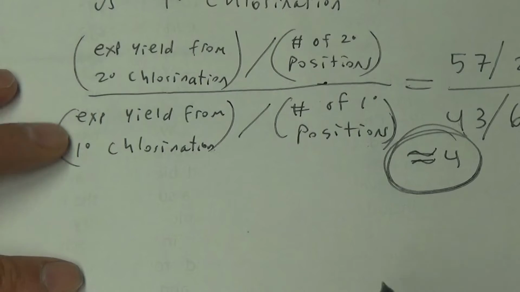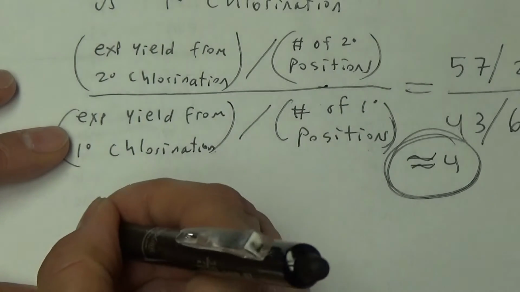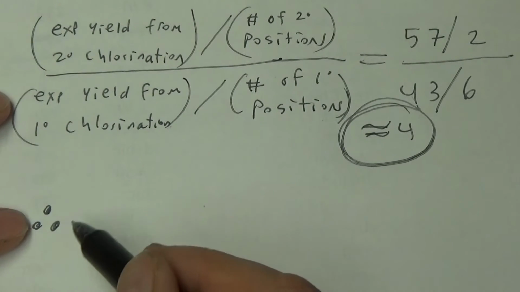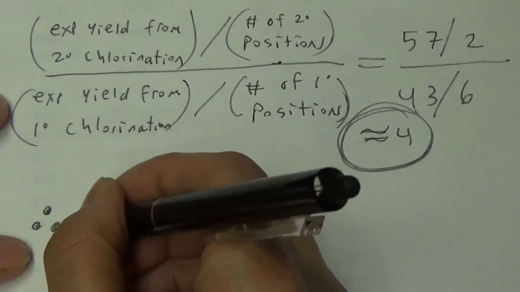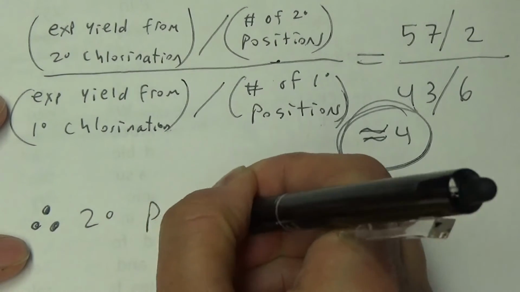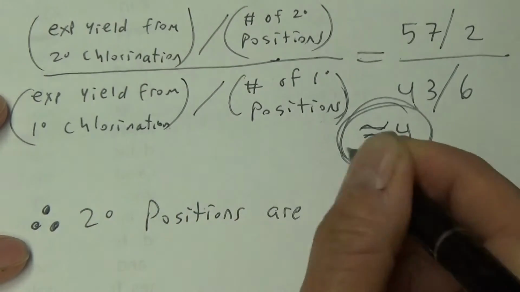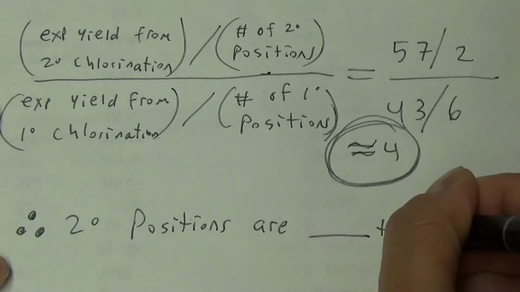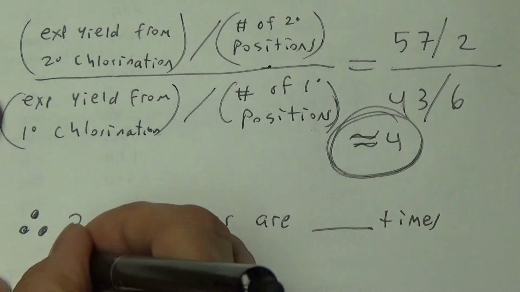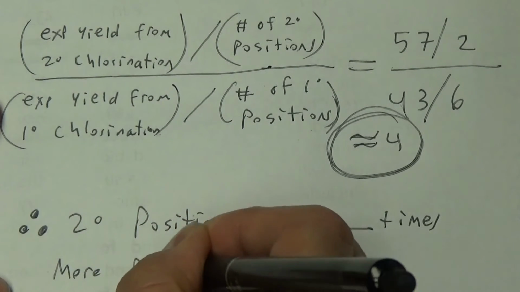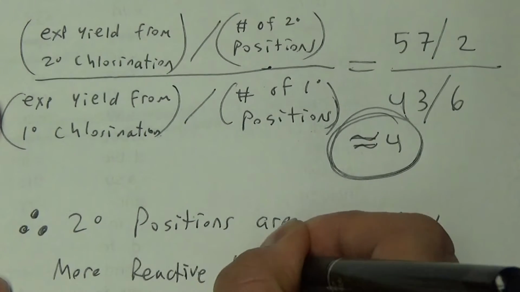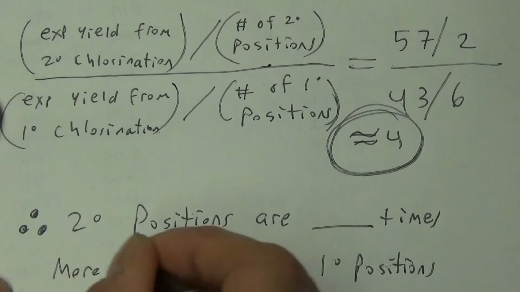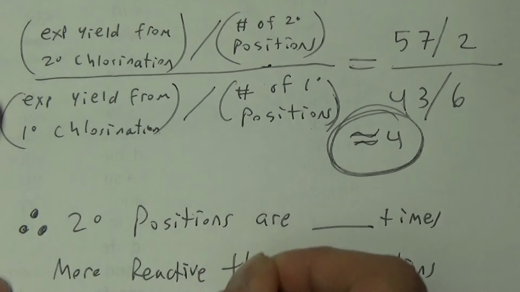4 in this case means, therefore, secondary positions are some amount of times more reactive than primary positions in chlorination. So it's specifically for chlorination.